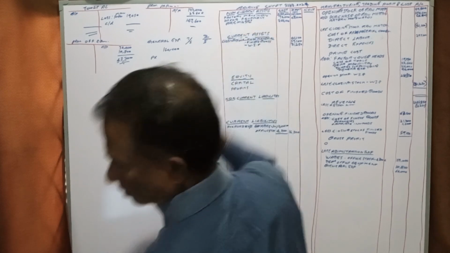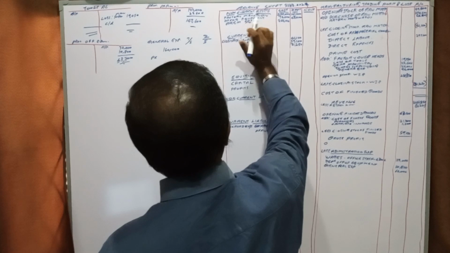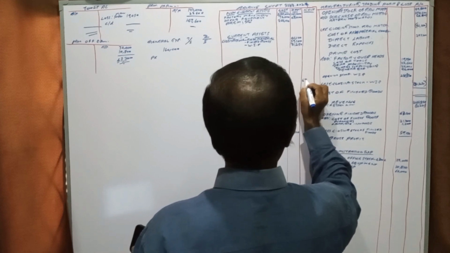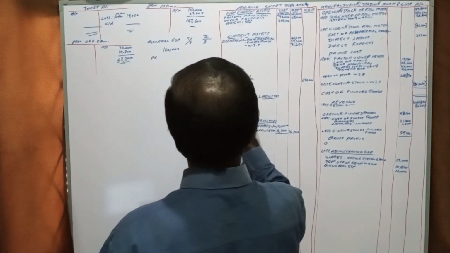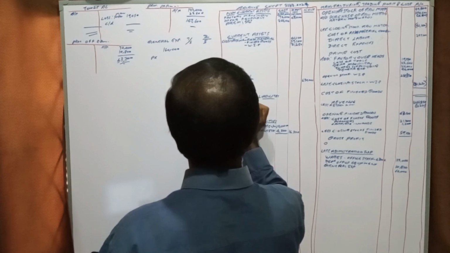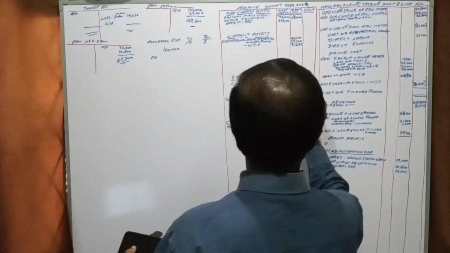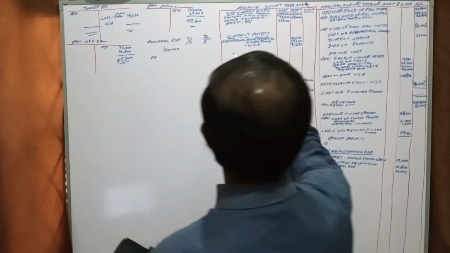So, okay. 630,000 capital account, and drawings account 96,750, right?